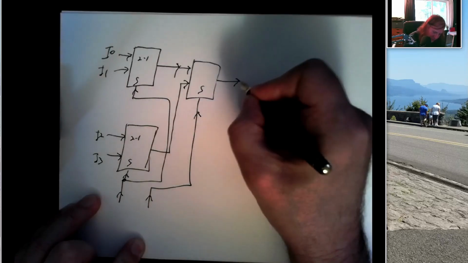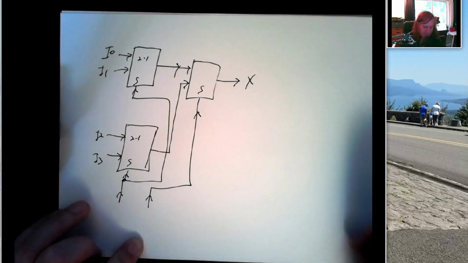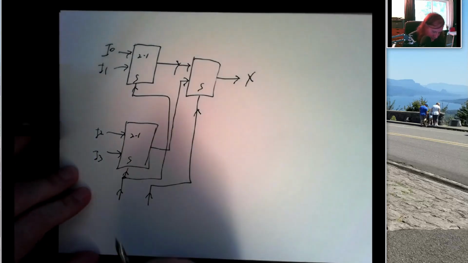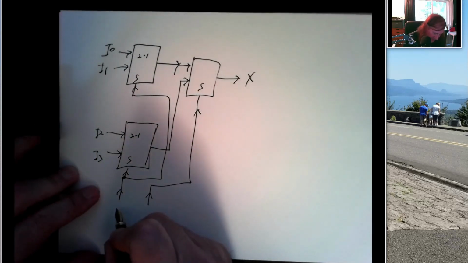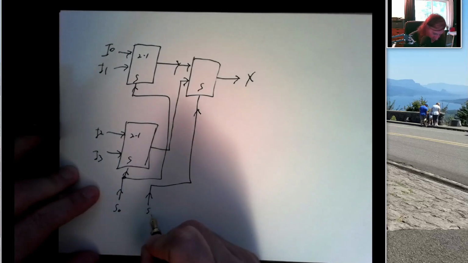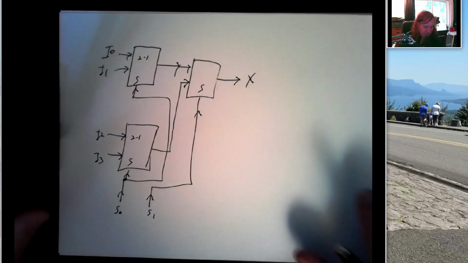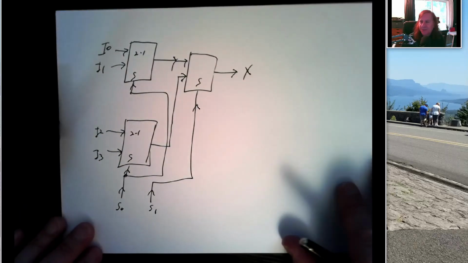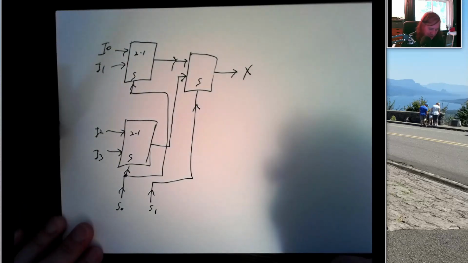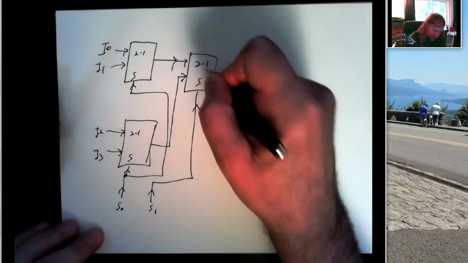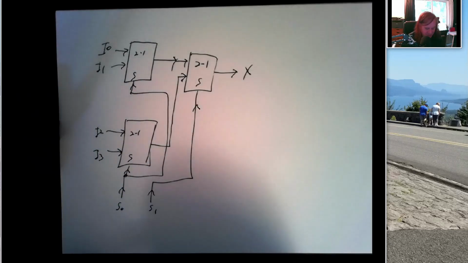And take the output from that and call that X. All right, and so I'm going to feed S0 into here and S1 into here. So 2-to-1 multiplexer, it's a pretty simple circuit, right? It's a few AND gates and OR gates. But if we take 3 of those 2-to-1 multiplexers and put them together like this, what happens?